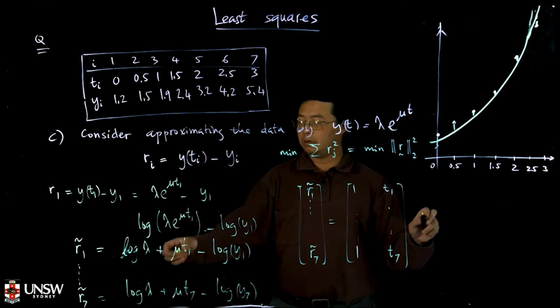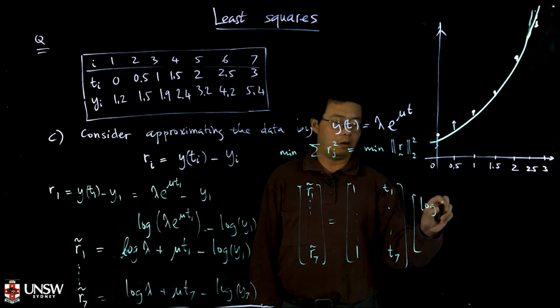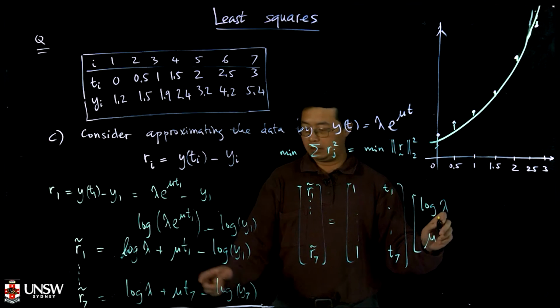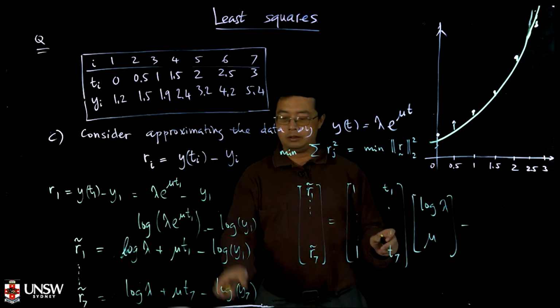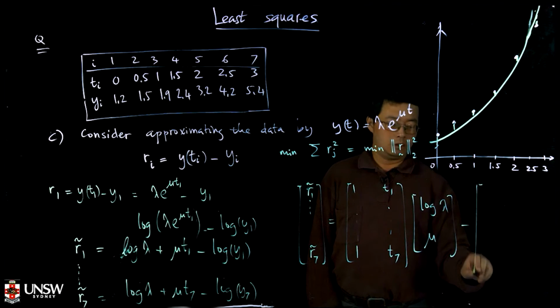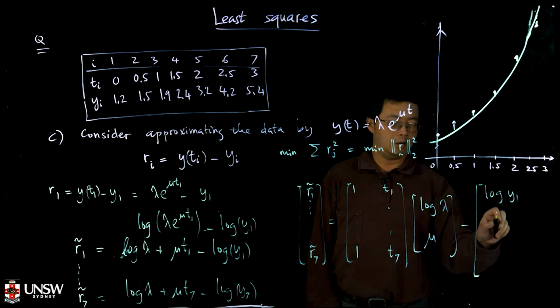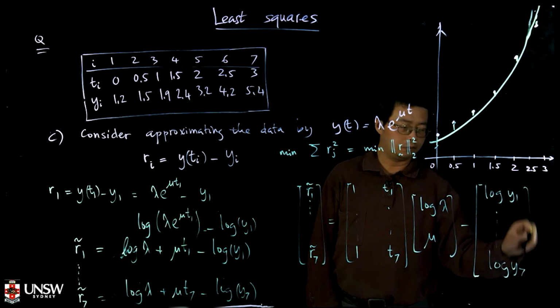And the unknown is here: you have the logarithm of lambda, and this one is mu. And then the data will be the logarithm of y1 up to the logarithm of y7.